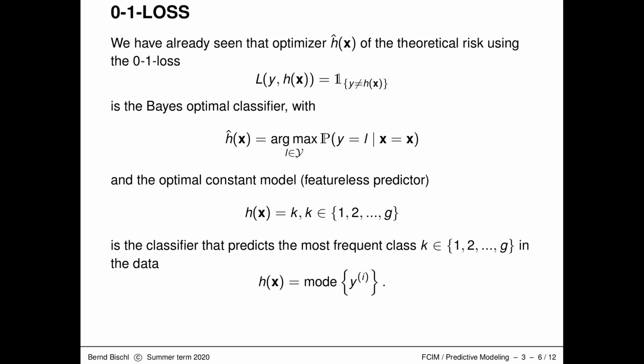And I've also shown that the optimal constant model under such a 0-1 loss is simply the mode of the observed labels, so simply the class with the highest frequency in the training data.